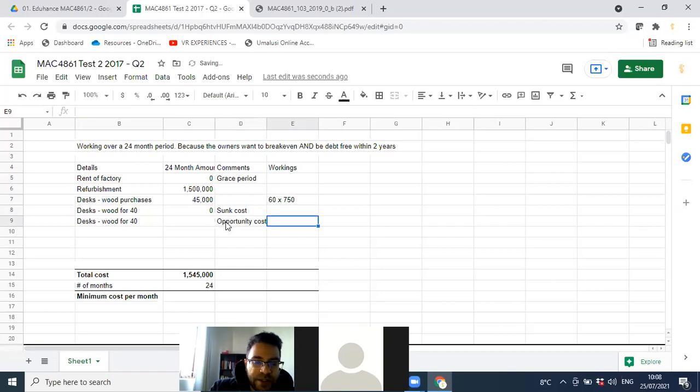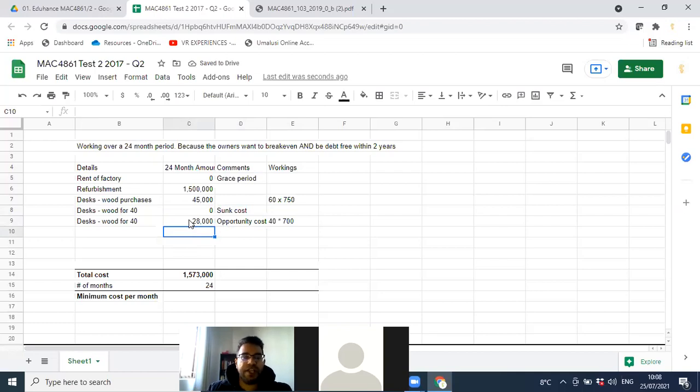And now there's 40 wood, desk for 40 wood, at which you can get 700. So this here is going to be 40 that he could sell for 700. So it's a cost. So that is the cost. So just take note.